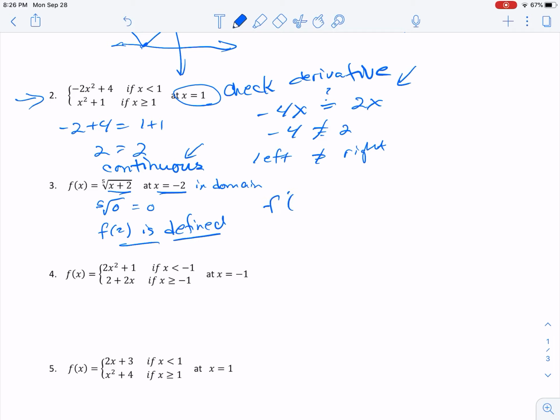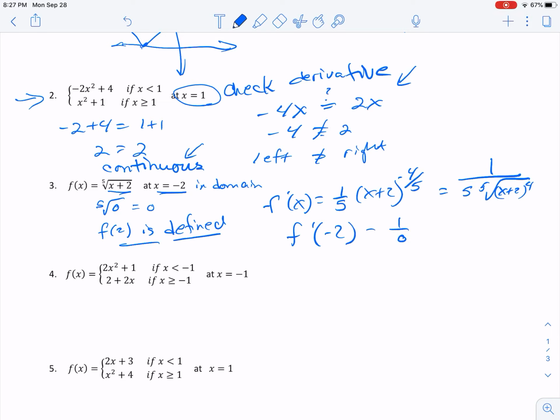So the derivative is 1/5 times (x plus 2) to the negative 4/5, which is 1 over 5 times the 5th root of (x plus 2) to the 4th. What happens when you take f prime of negative 2? You end up with 1 over 0. That does not exist. Okay, so it's not differentiable. Even though the function's defined there, it's not differentiable. It's continuous, but not differentiable.